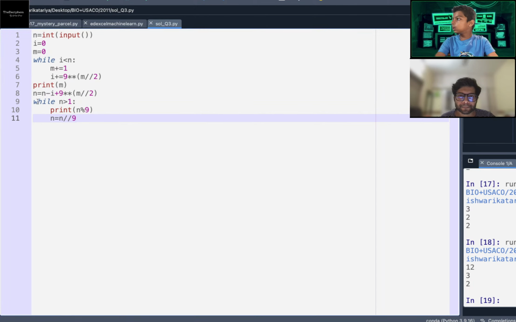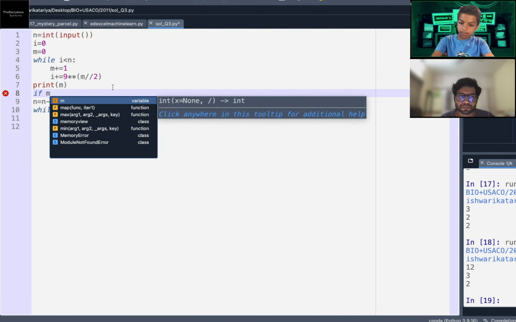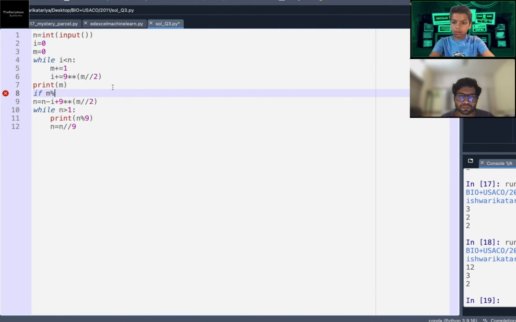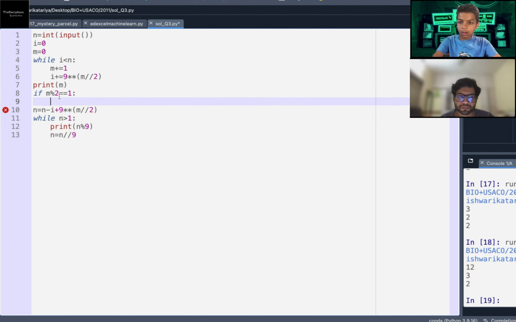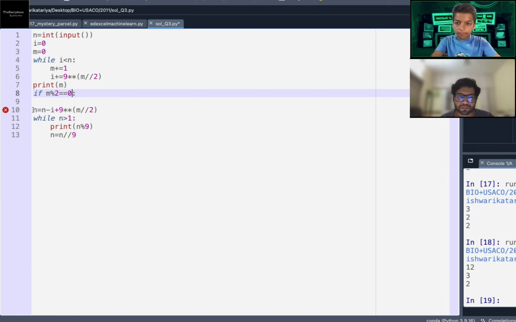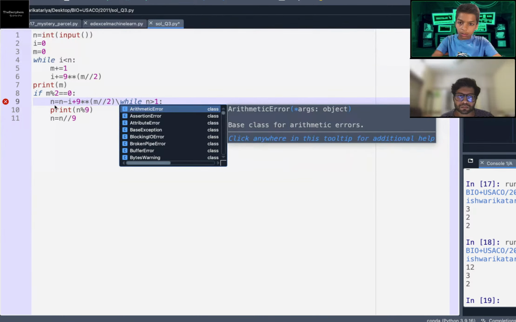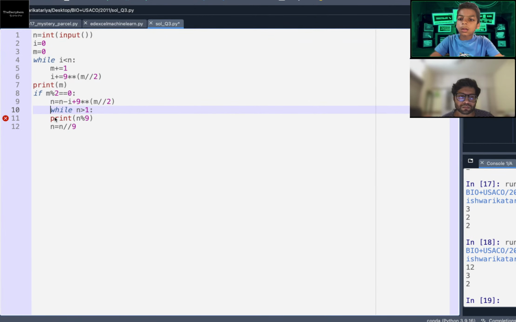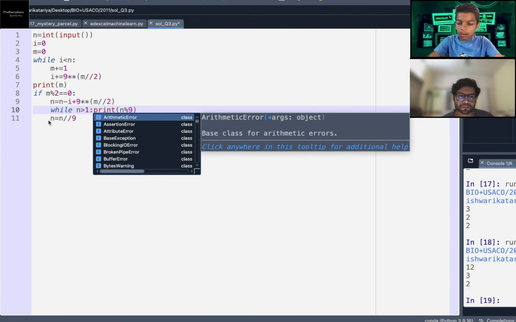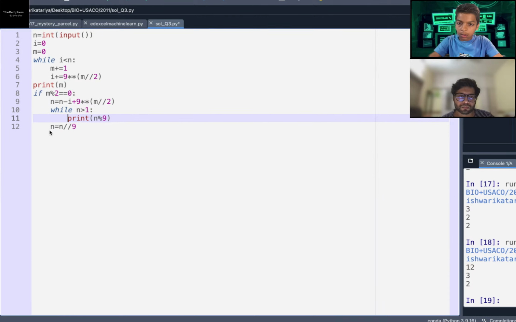Okay, so if m mod 2 is not 0, let's just say is 1, then if it is 0, then do that and that and that.